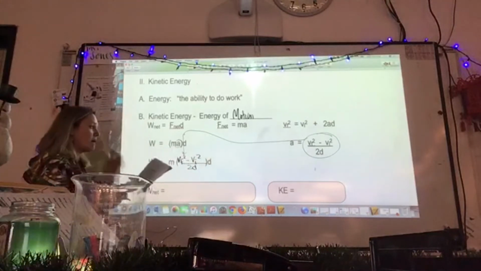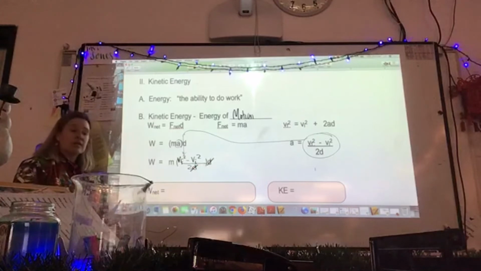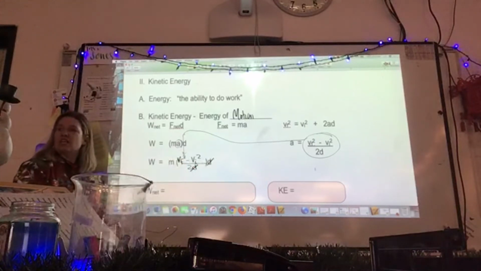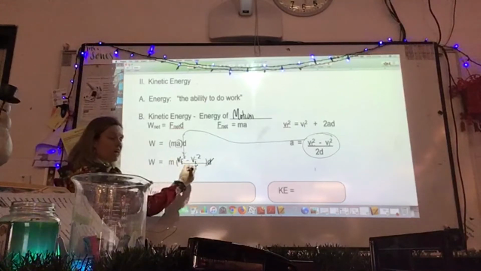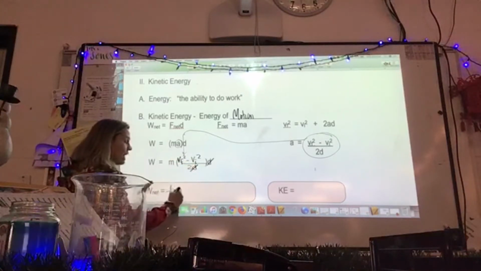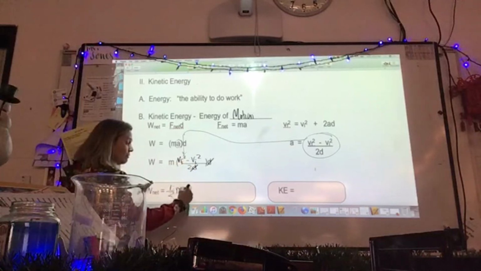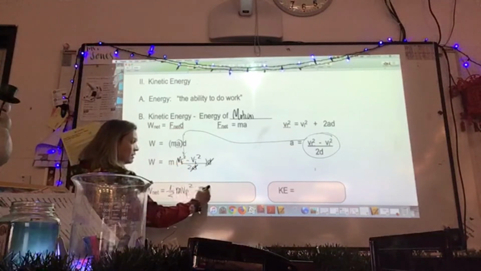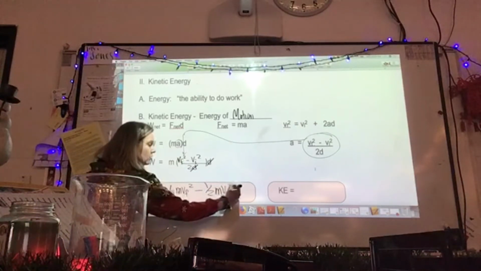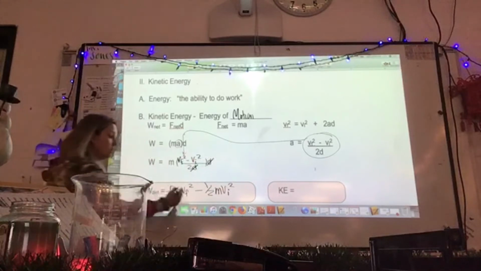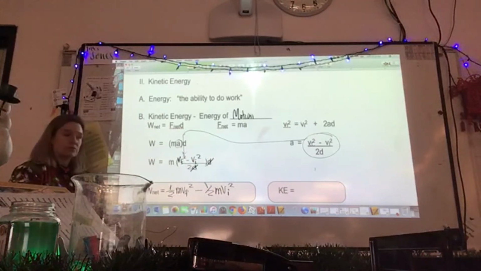Do you see what happens? The d goes away. And we don't leave it junky like this. We normally separate it. So do you see we got a divide by 2? So we get 1/2, distribute the m: 1/2 m v final squared minus 1/2 m v initial squared. Only the v's are squared, not the whole quantity.